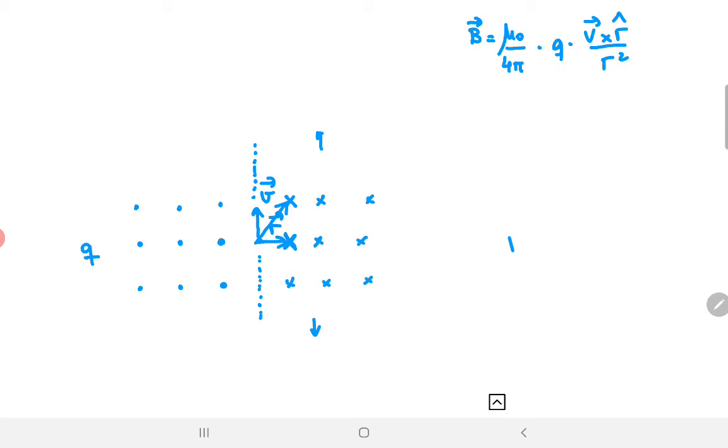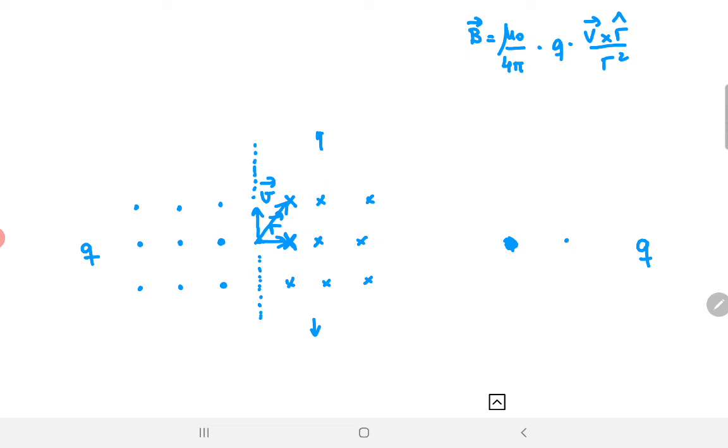There's another way to picture this: think that this is our charge Q, and now we're looking at it from above. The charge is moving, and at this point it has a velocity that is a vector perpendicular to the screen, going out of the screen. You have to imagine that I cannot plot the vector v because I'm looking directly at it; I can plot it as a point. So we could try to calculate the magnetic field at this point.